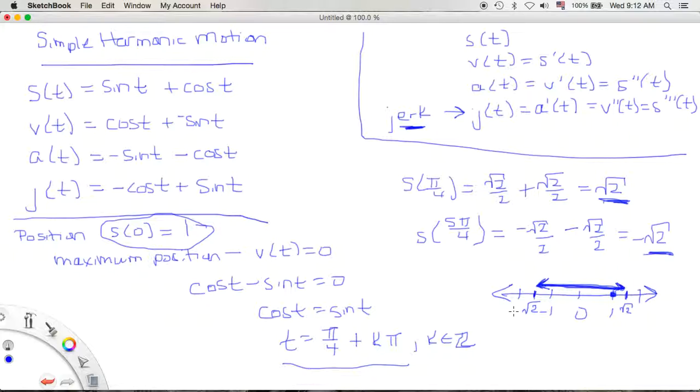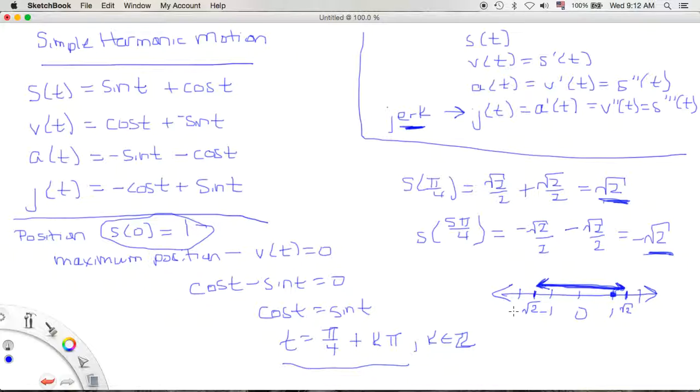Now you can also discuss the velocity. When's the maximum velocity? Well, again, that's when the acceleration is equal to 0, because what did we say? When you have a maximum, the tangent line is horizontal, which means the slope of the tangent is 0, which means you use that derivative equal to 0 to find its maximums and minimums.